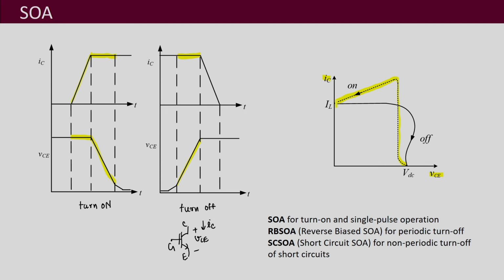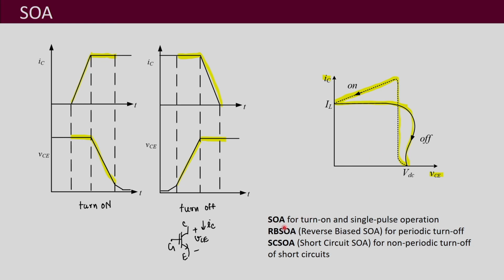Then the current decreases and the voltage remains close to the blocking voltage. So, what we see here is that this trajectory has to be inside a particular area for safe operation. That is your safe operating area, otherwise the device may get damaged.